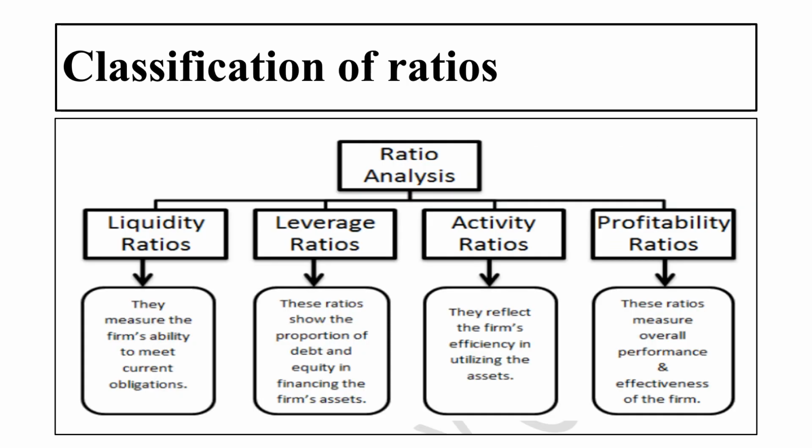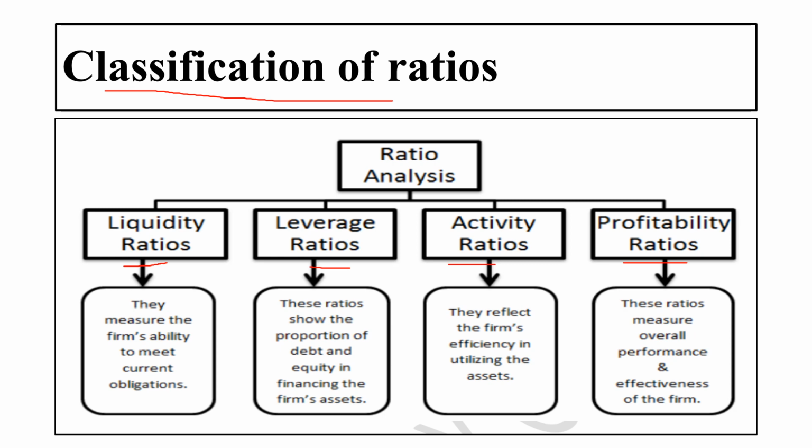Then is the classification of the ratio. When we see the classification of the ratio, at that time we are talking about liquidity ratio, leverage ratio, activity ratio, and profitability ratio. Here the liquidity ratios measure the firm's ability to meet current obligations. Second is the leverage ratio. This ratio shows the proportion of debt and equity: how much debt is there and how much equity is there in financing the firm's assets.